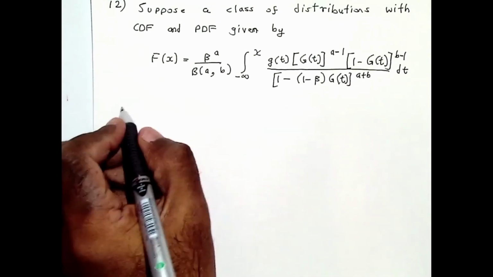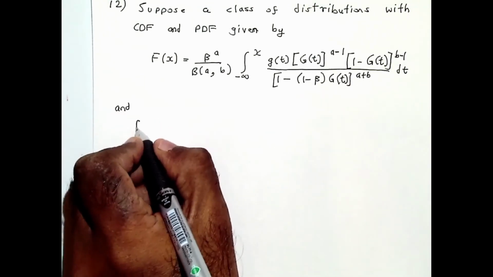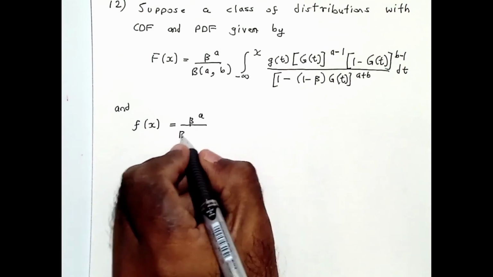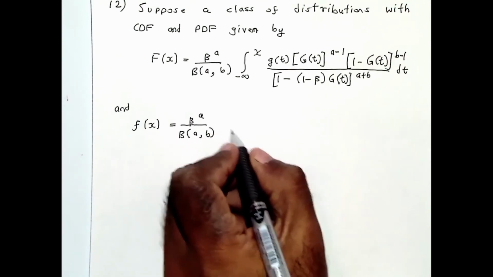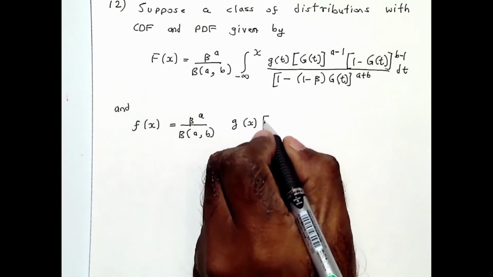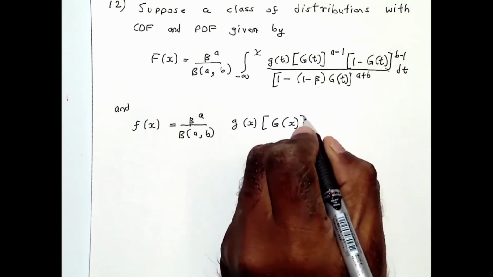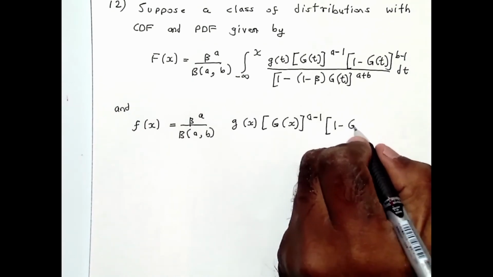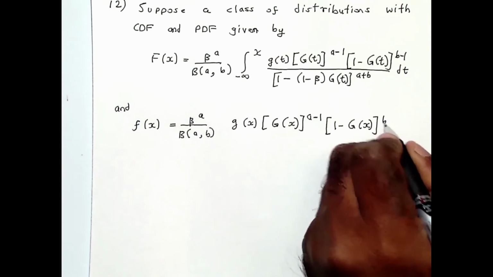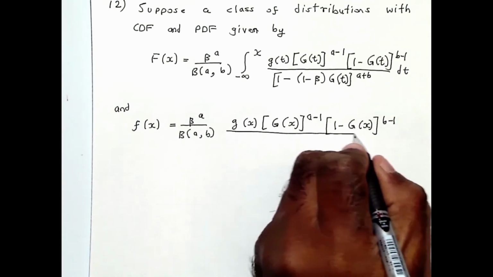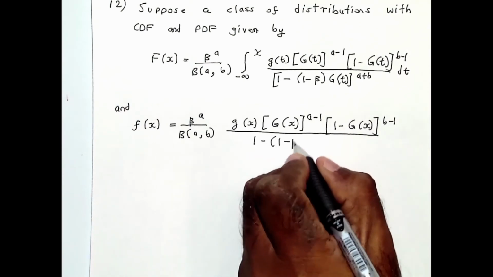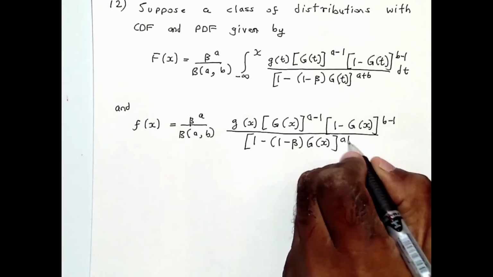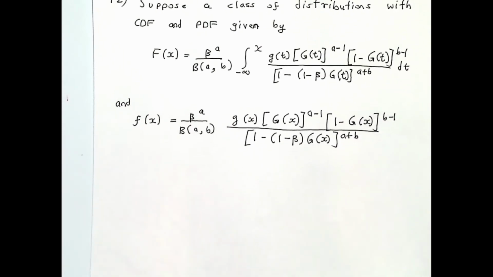Right, and the PDF given by little f of x, which is equal to the following, where the following is true.